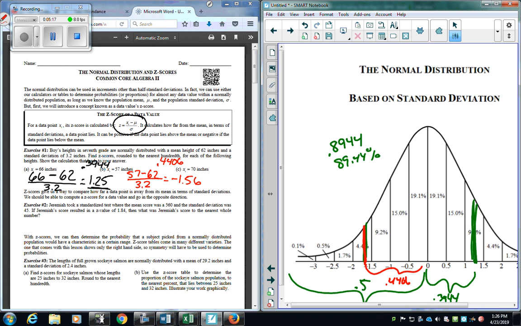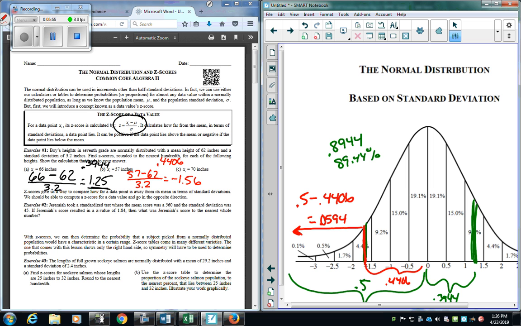If we were talking about how many people are larger than that, you'd subtract that 0.4406 from the half. So it'd be 0.5 minus 0.4406, and in this case you'd end up with a total of 0.0594, which would be 5.94%.